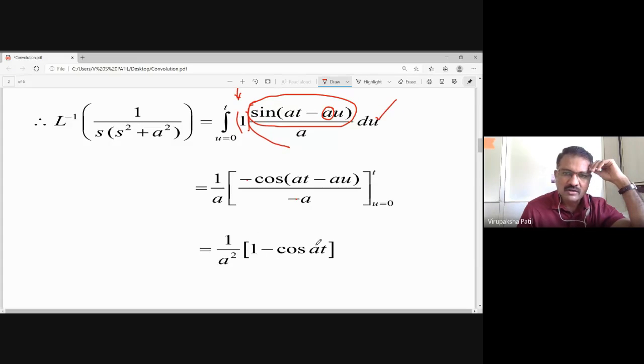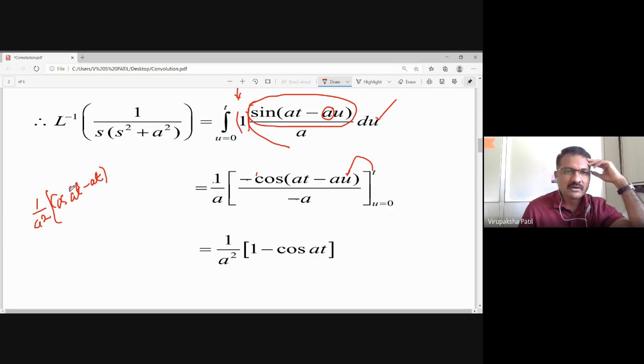How will you get this 1 minus cos at? We'll check that here. If you take that a outside, minus divided by minus is plus, so 1 divided by a square, this is the step I'm talking about. Then you are left with only cos of a(t minus u). Now you put the upper limit first. If you put u is equal to t, you will get cos a(t minus t).